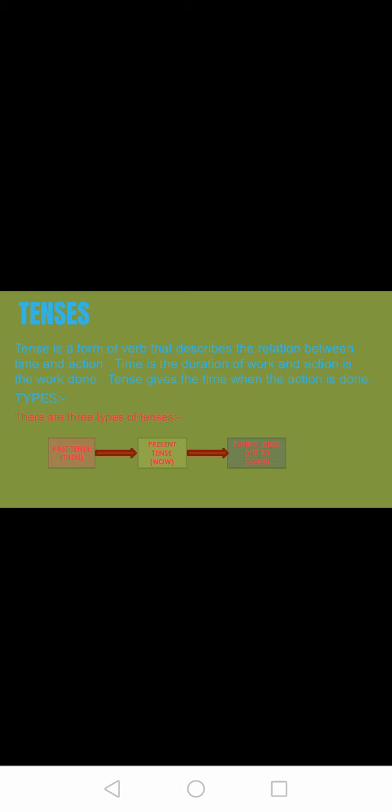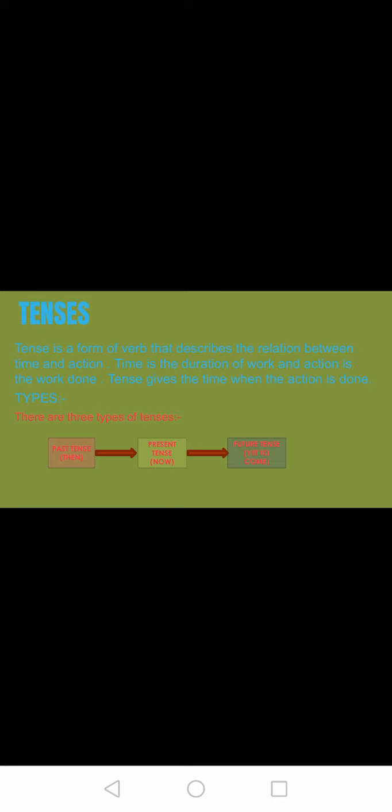Now, we come to know what is tense. Tense gives the time. It is giving us the time when the action is done, when the particular work is done. Okay. Now, types. There are three types of tenses: past tense, present tense, future tense. Past tense means then.